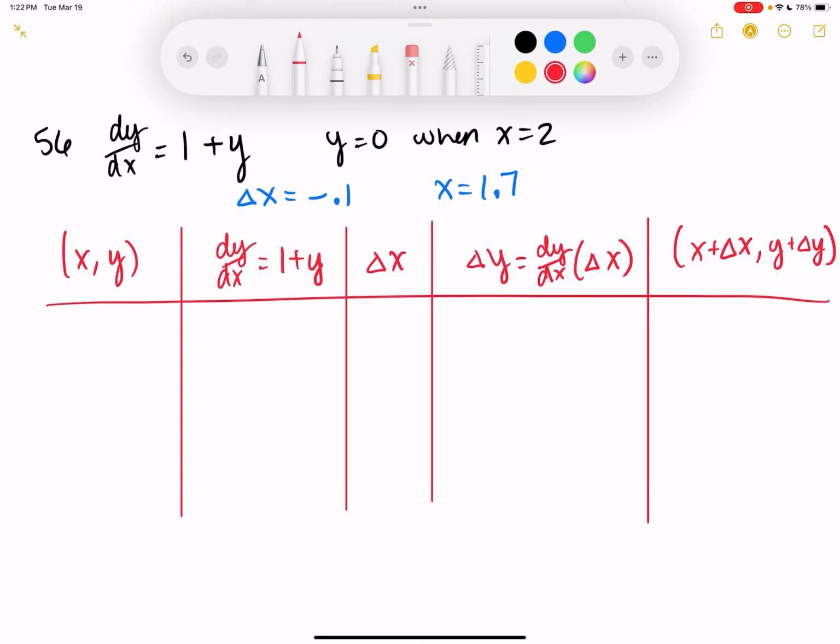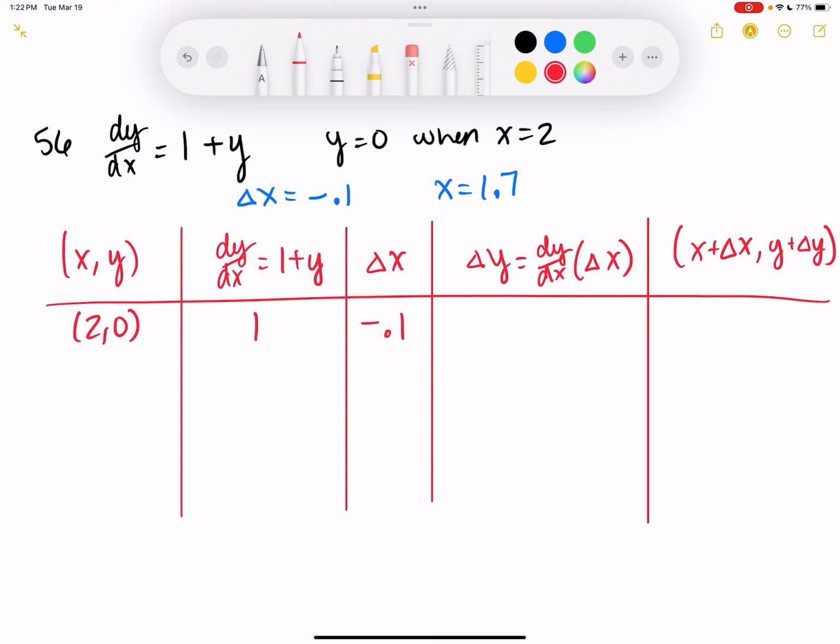All right, so we start with the point that's given, so 2, 0. If I plug in 2, 0 to the equation, what do I get? 1. And all the way down, delta x is going to be negative 0.1.